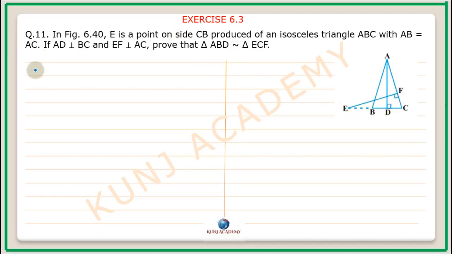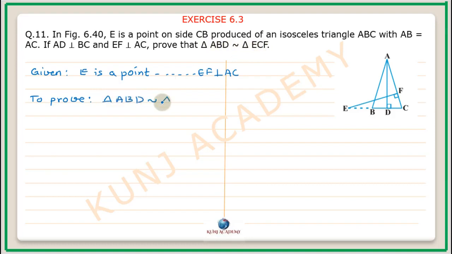Given: E is a point on side CB produced, and EF is perpendicular to AC. To prove: triangle ABD is similar to triangle ECF. Proof.